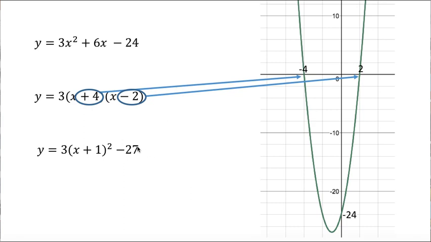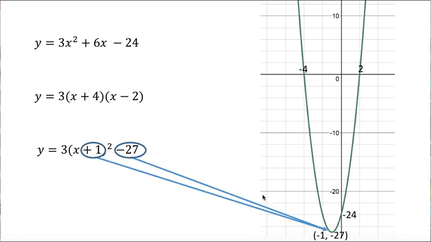This third format will tell you about this vertex here, or the turning point. Because it says plus 1 here, the x value is going to be negative 1, the x coordinate. And it's got a minus 27 here, so the y coordinate is going to be minus 27. There's also another way to work this out.